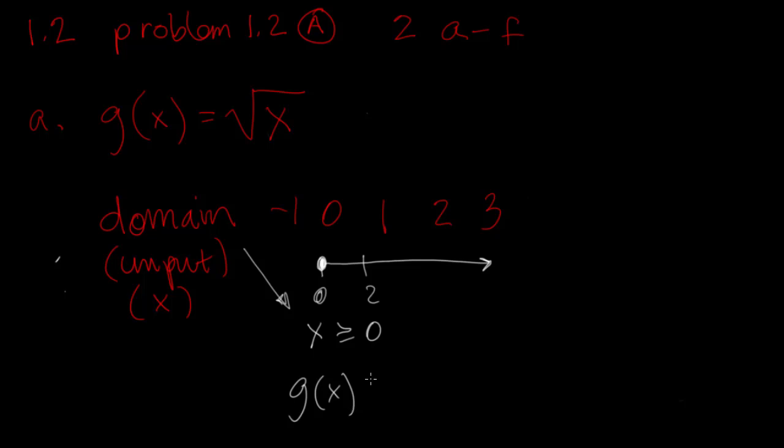So your range, or your output, is going to be all numbers also greater than or equal to 0. So that's how you would answer A. B, you should be able to do B, you should be able to do C. We'll take a look at D.